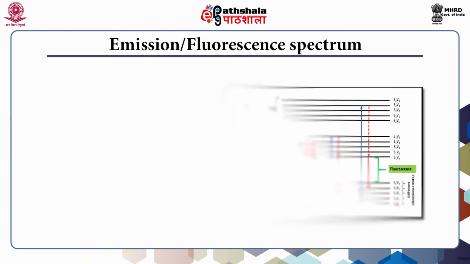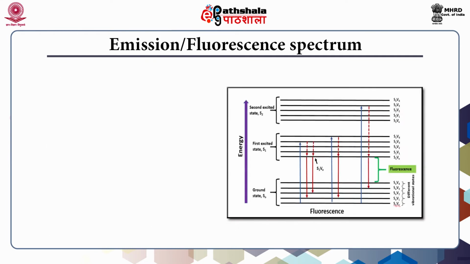Fluors have a characteristic emission spectrum called fluorescence as well as a characteristic absorbance spectrum which depends upon its structure and chemical environment. Most electrons will occupy the ground state and lowest vibrational level denoted by S0 and V0 at room temperature.